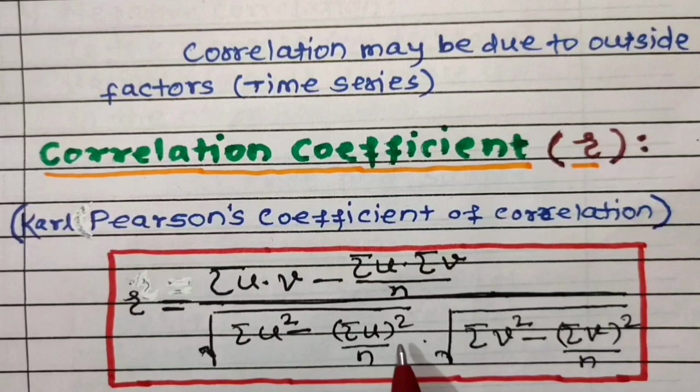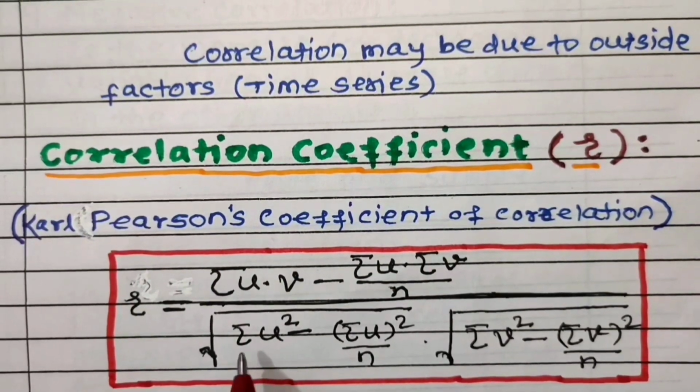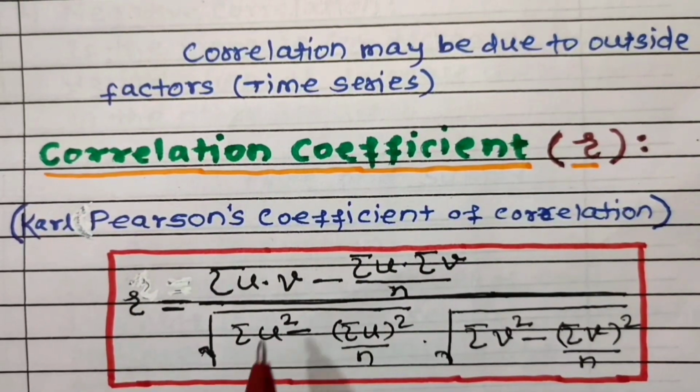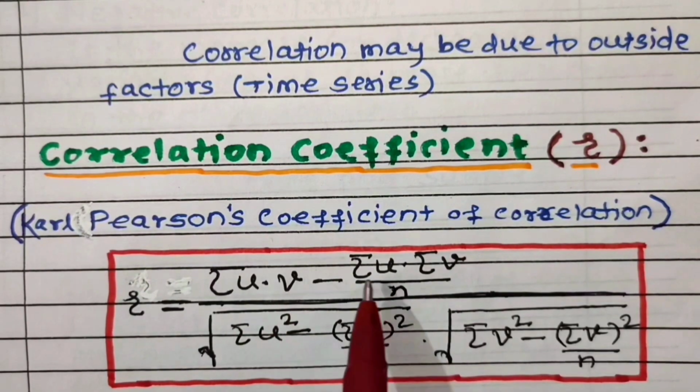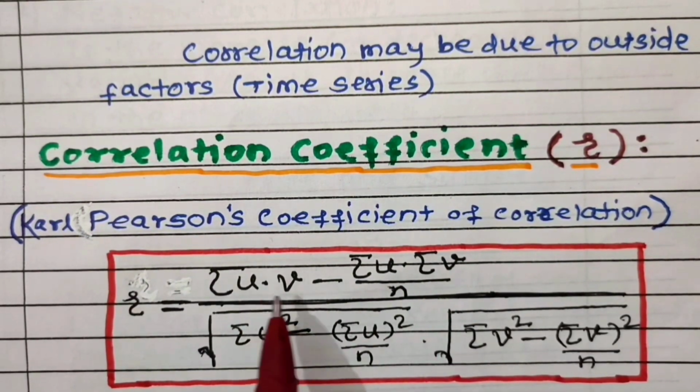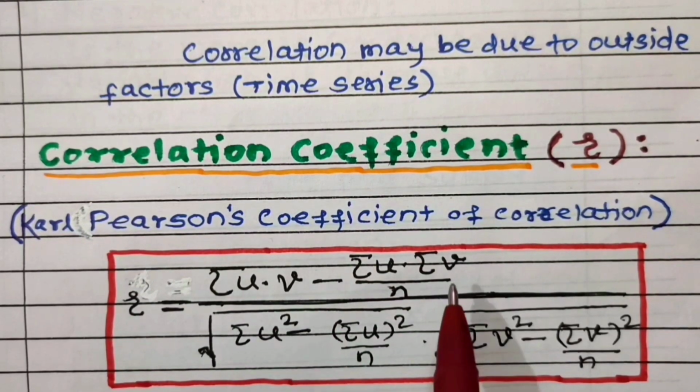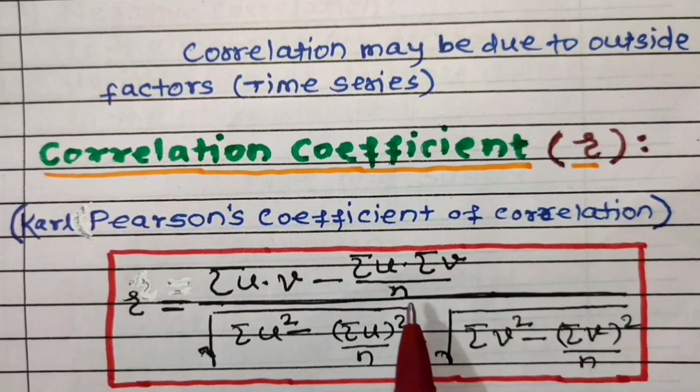To remember this denominator, suppose we want this term in this square root, then in the numerator, if we replace v by u here and here, then u into u becomes u square. So summation u square, minus sign as it is. Here also we are replacing v by u, then summation u into summation u becomes summation u square divided by n, into square root of.